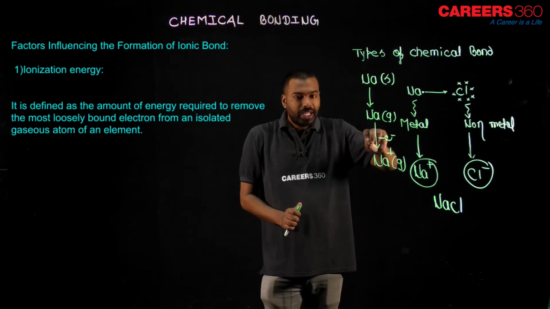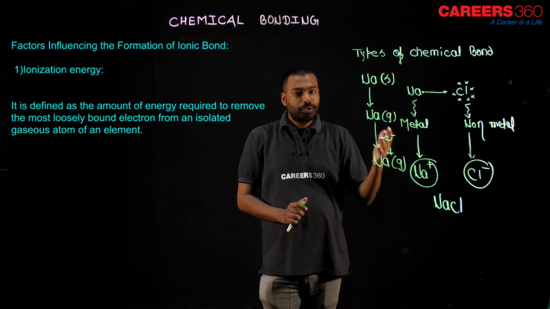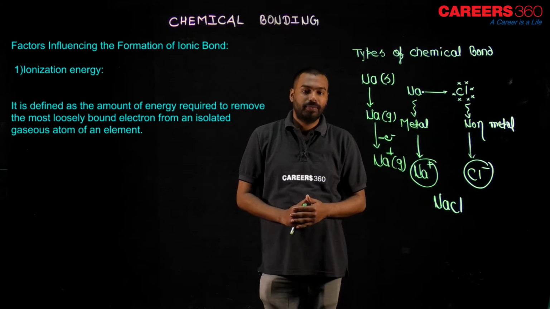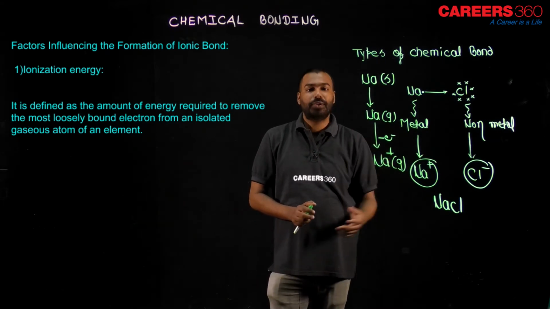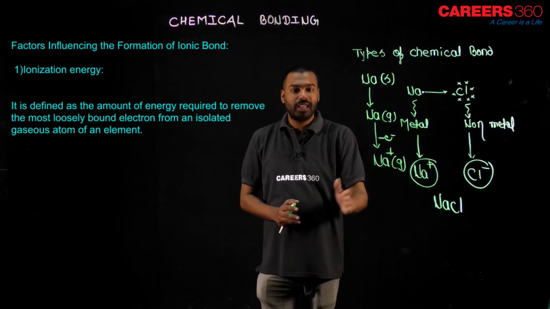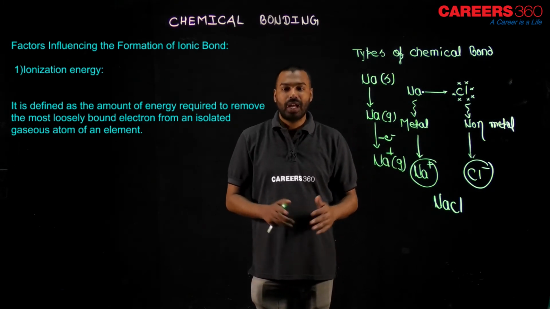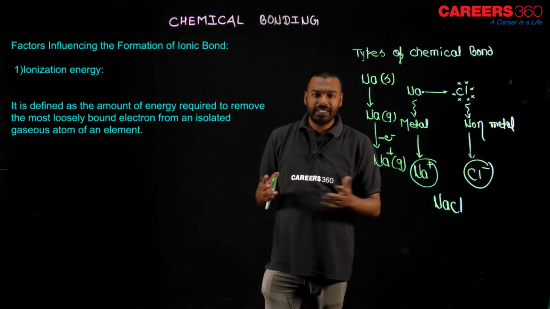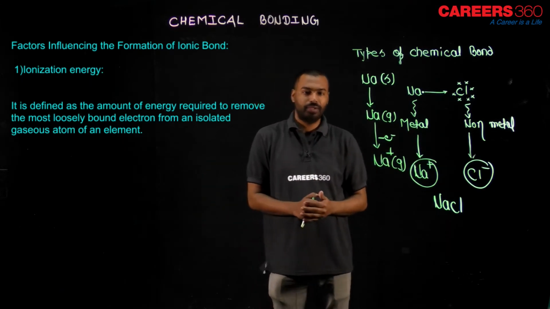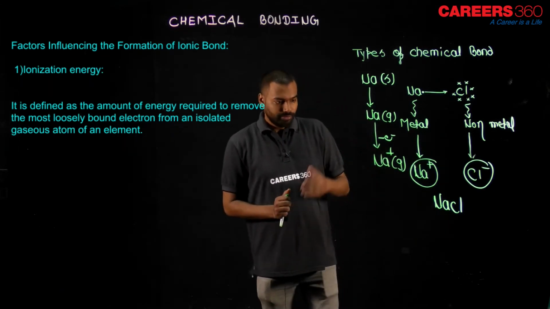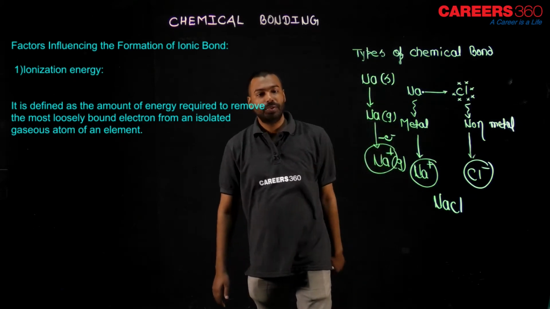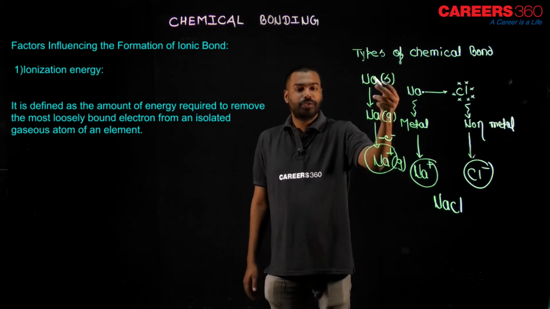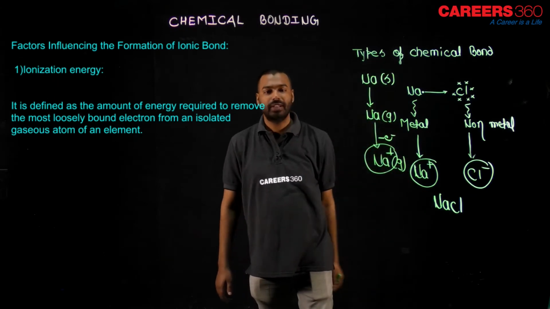So, if you want to take out the electron, you should supply some amount of energy. The minimum amount of energy required to remove an electron from a gaseous isolated atom is known as ionization energy. We already discussed it a few chapters back. So we got the sodium cation. I told you the process; it is not that we directly remove an electron from solid sodium and get Na plus.